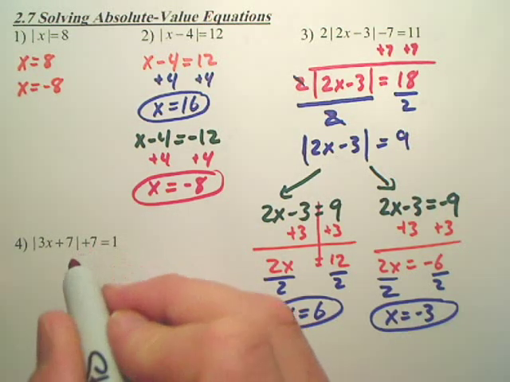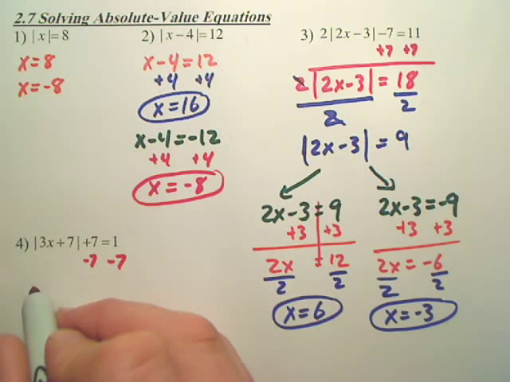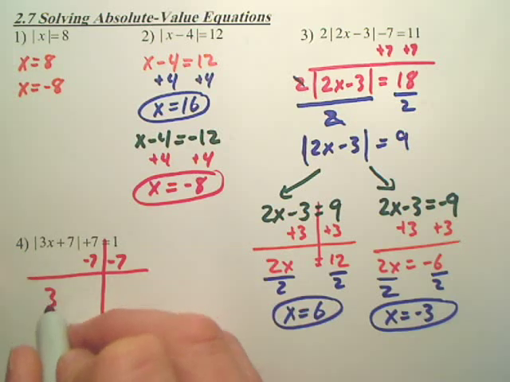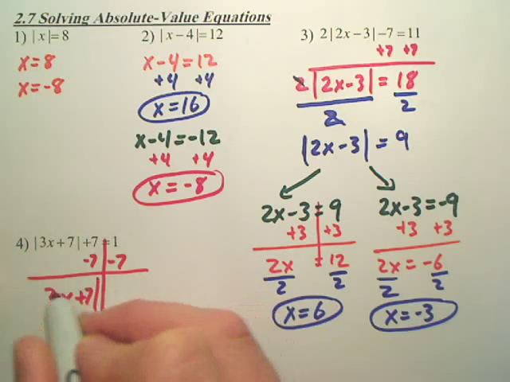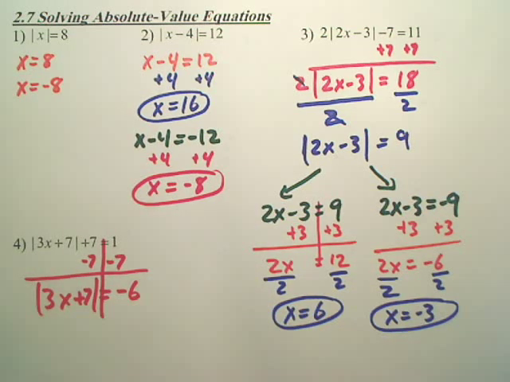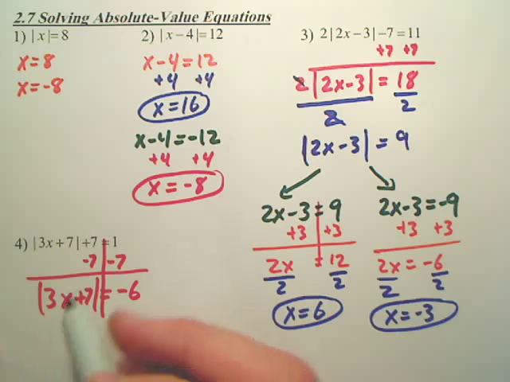Alright, one more. For this problem, we first want to minus the 7 over. And we got 3x plus 7 equals -6. Now, when we make two equations, you actually can stop. Could an absolute value ever get a -6 out?